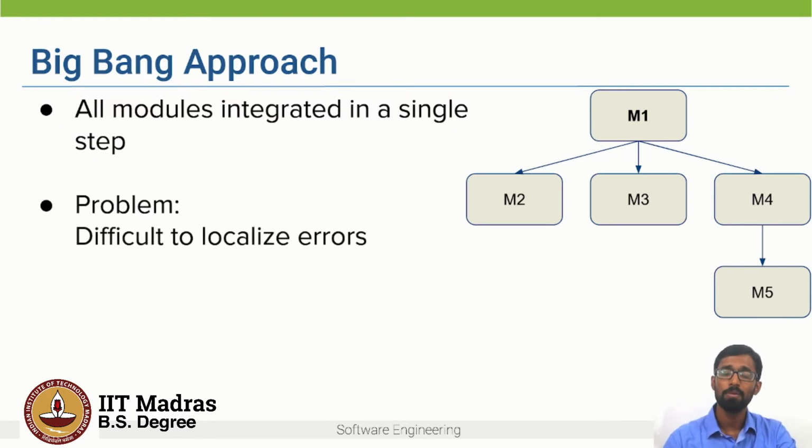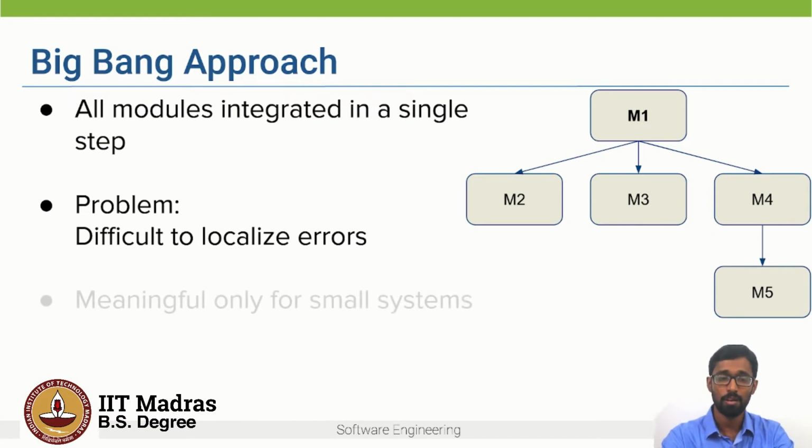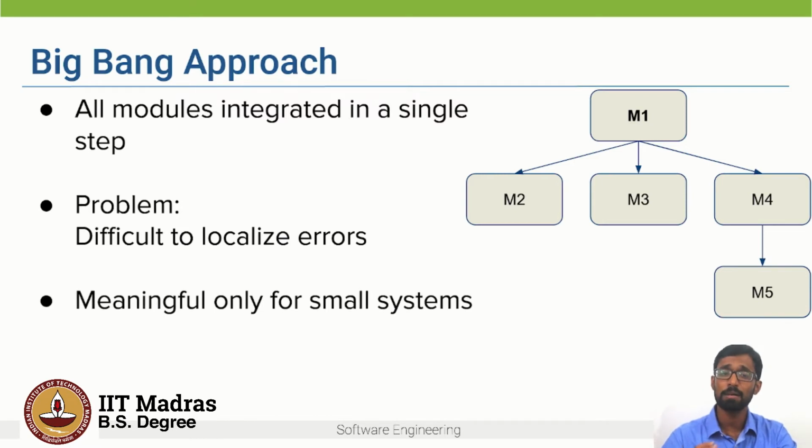The problem is that it is difficult to localize or find which module has an error. The error may lie in any one of these modules, and it can be expensive to fix. Hence this approach is meaningful only for small systems, and it is never used for large systems which have several modules.